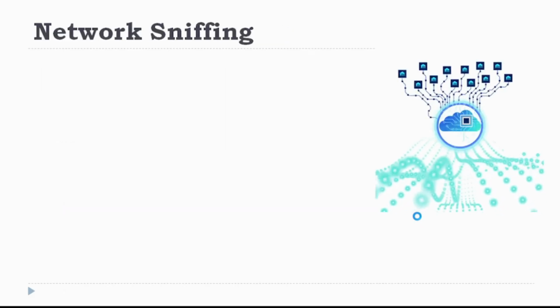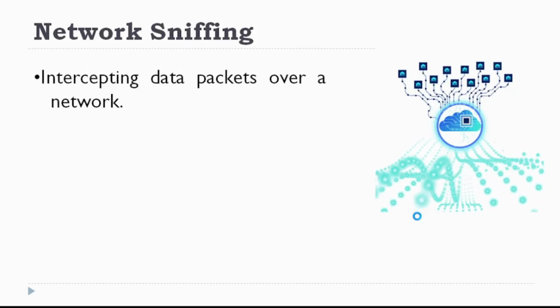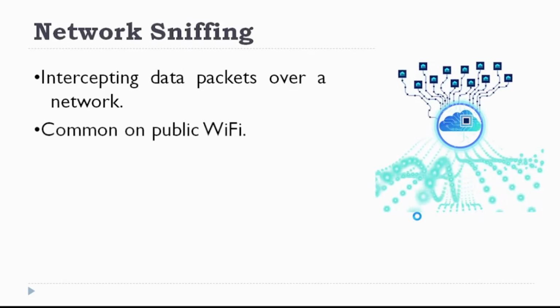Now let's discuss network sniffing. Basically, network sniffing intercepts data packets as they move across the network. Attackers capture unencrypted passwords, email content, and credit card numbers.